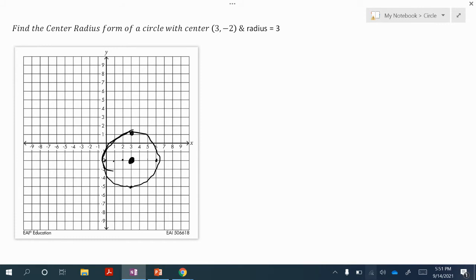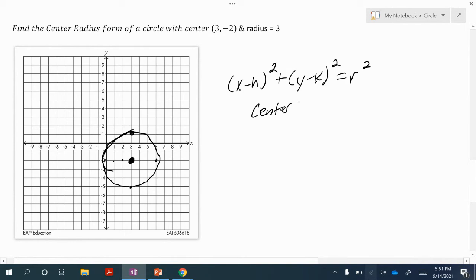Now, how do we actually write out the equation in center radius form? Well, we're going to use center radius form. Just recall that center radius form is x minus h quantity squared plus y minus k quantity squared is equal to r squared.